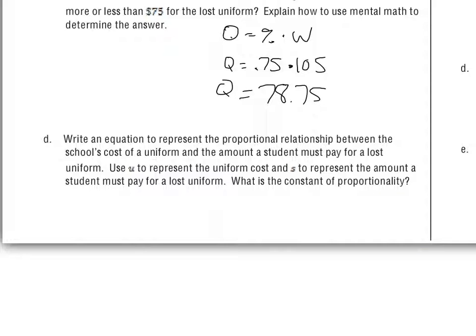And then remember, constant of proportionality, every time we're talking about a proportional relationship, it can be represented as y equals kx. And whatever the k is, whatever that coefficient is of that x term, would be the constant of proportionality. So go ahead and write your equation and then point out for me what the constant of proportionality is.